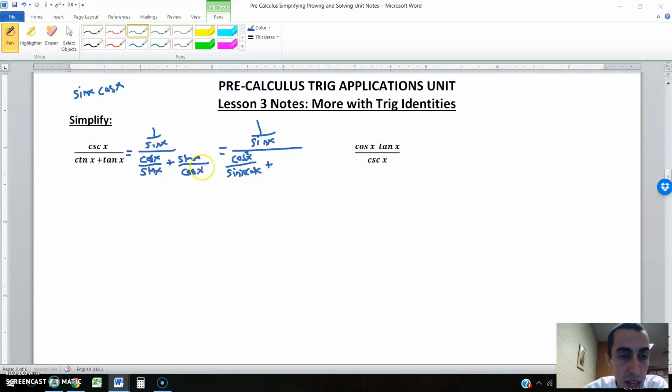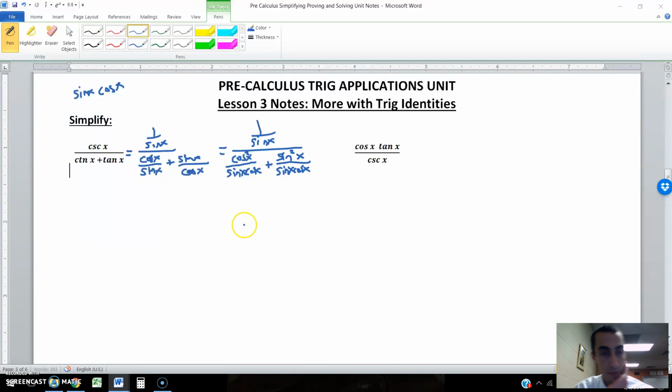Plus, in order to get this denominator into that, we need to multiply the bottom and top by sine of x. The bottom becomes what we want it to be, and then the top is sine of x times that top, which is sine squared of x.